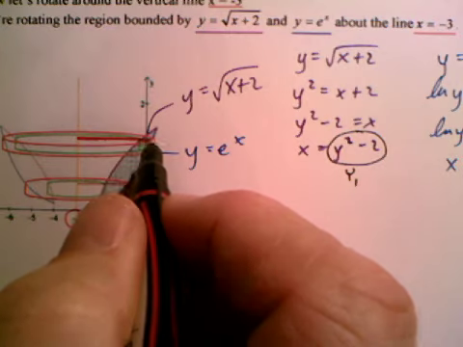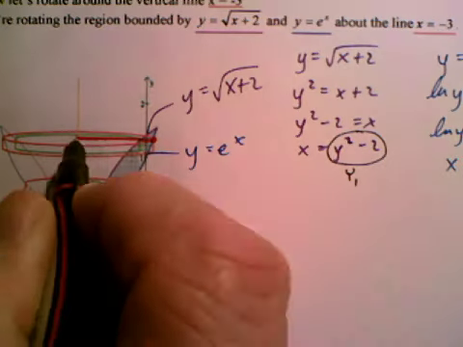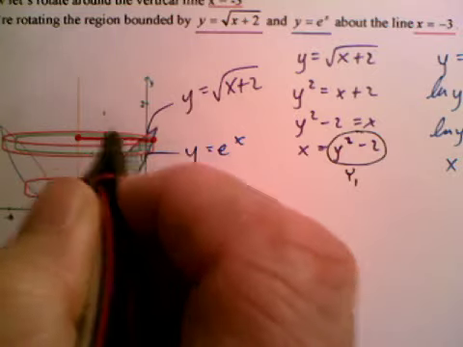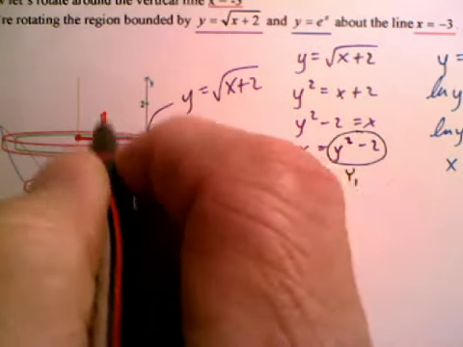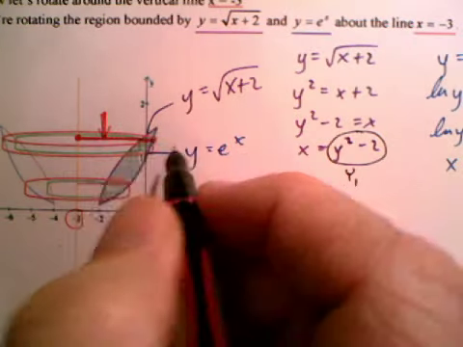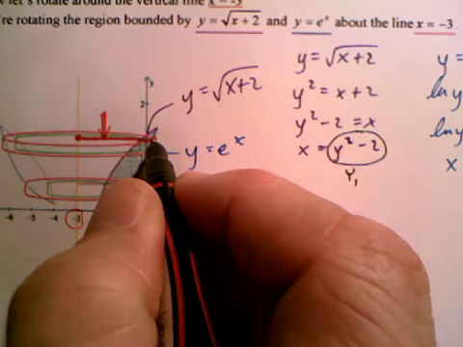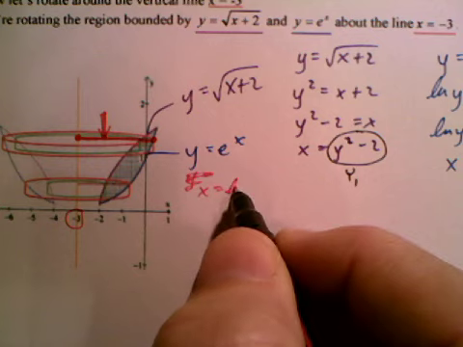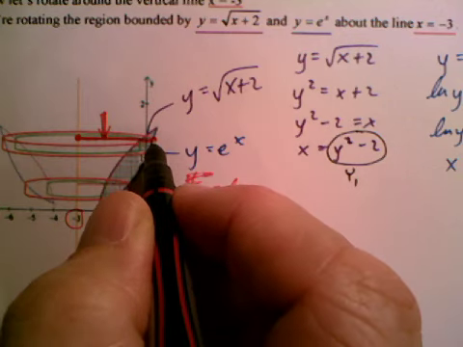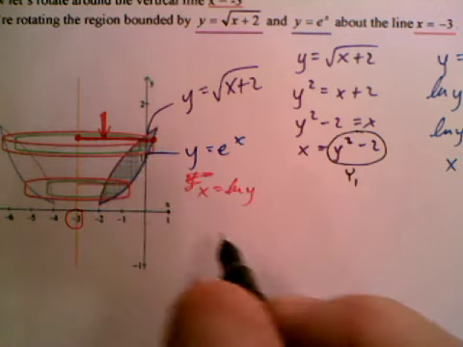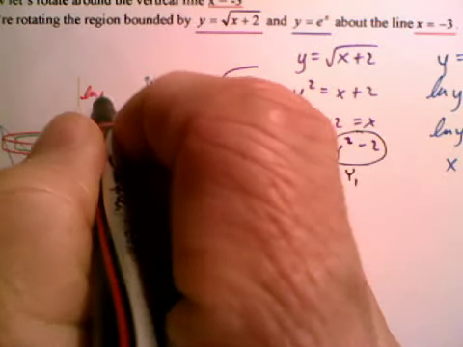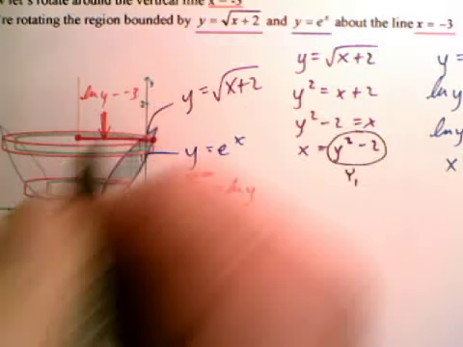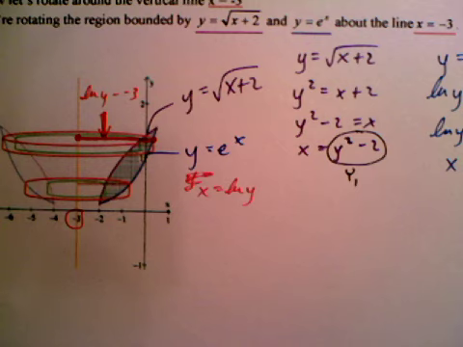The length of this line segment would be this curve here, which is x equals ln y. So ln y minus -3, which is ln y plus 3.